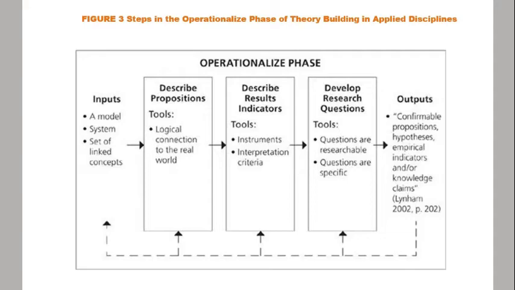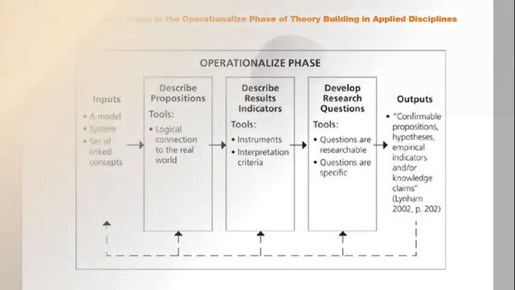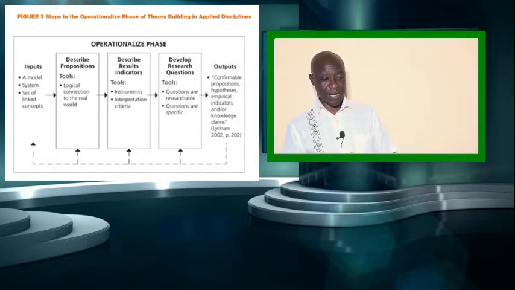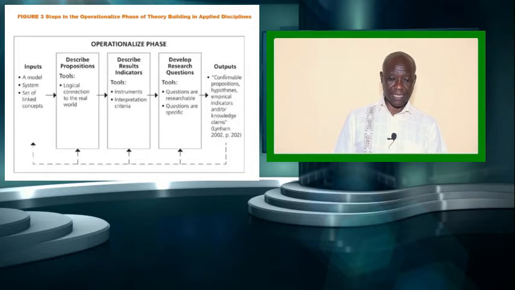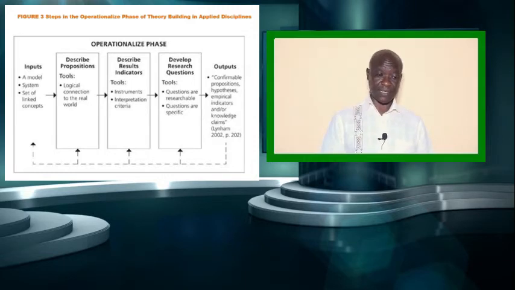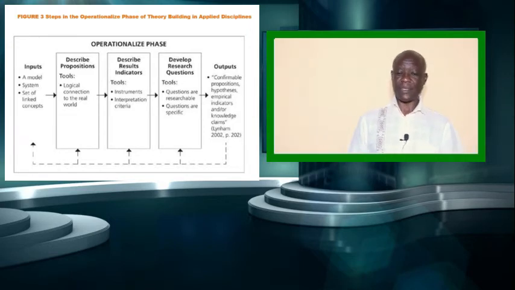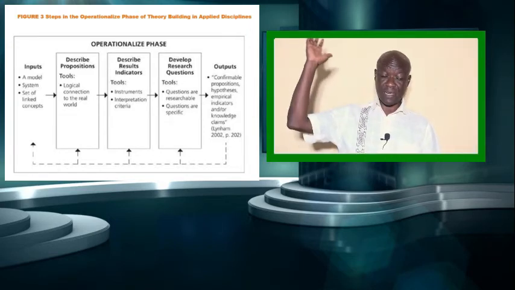So we saw under the conceptualization phase that the outputs would include, for instance, a model or a system or what we called a set of linked concepts, right? And these are now the inputs for the operationalized phase. So at this level, we are ready to go through the process. As you can see, the operationalized phase, ladies and gentlemen, takes us through a number of stages, and these are phases, really. Number 1, you describe the propositions of the theory, as you can see from the diagram here.